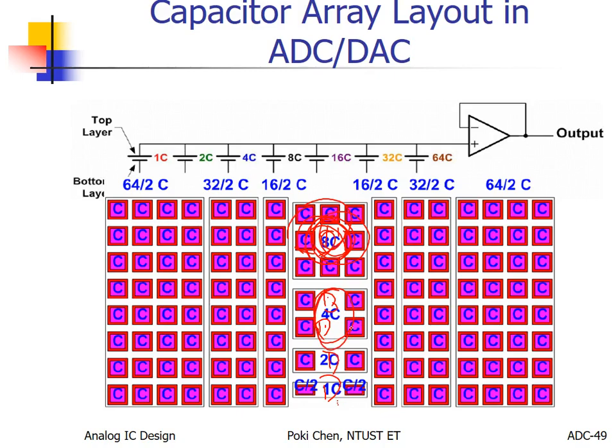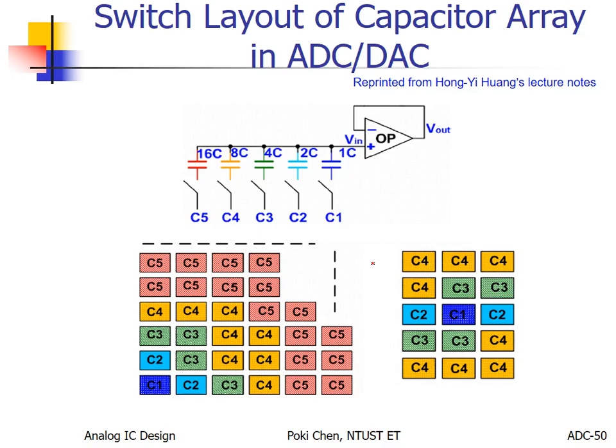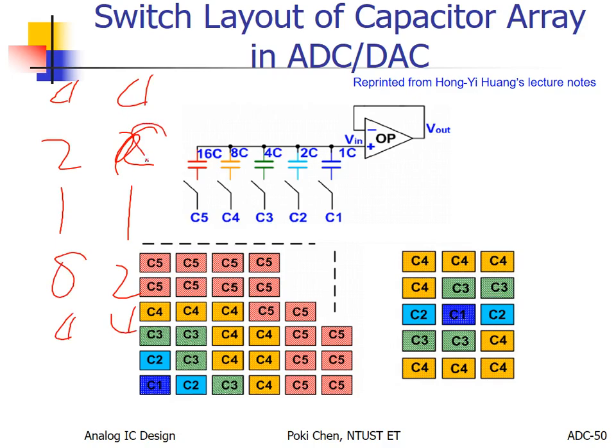So allow me to redraw it for you. 1C, 2C, 2C, sorry, and 4C, right? 8. So 1, 2, 3, 4, 5, 6, 7, 8. And then dummy.